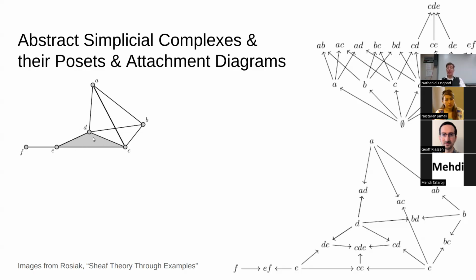But you can also think about attachment in the other direction. For example, if we consider here that E is part of, attached to, affixed to the edge CE, the edge DE, and the edge EF, right?